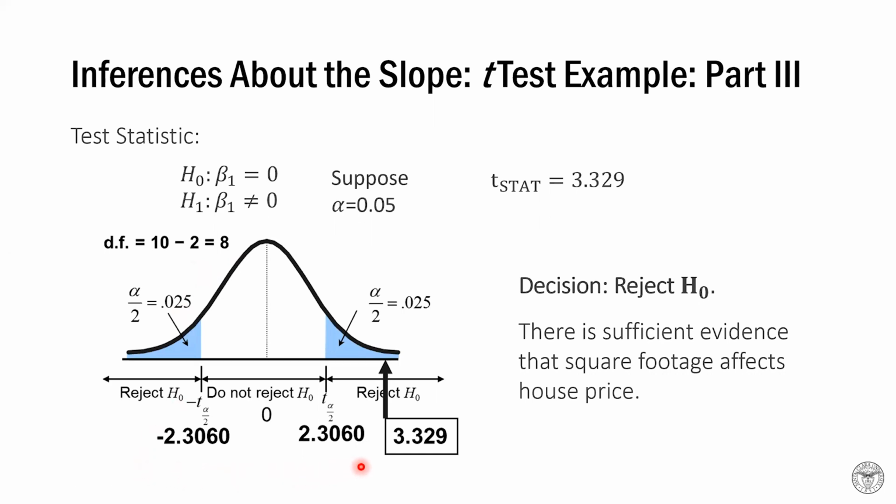Given that t-stat is equal to 3.329, our decision is to reject the null hypothesis. In conclusion, we have sufficient evidence that there exists a linear relationship between the dependent and independent variables. In other words, there's sufficient evidence that square footage affects house price.